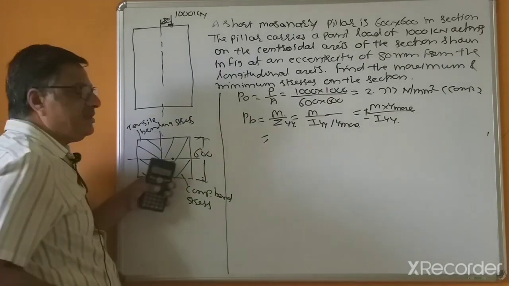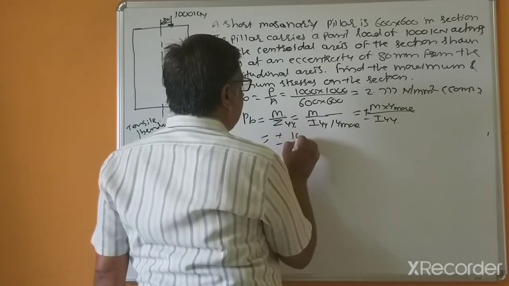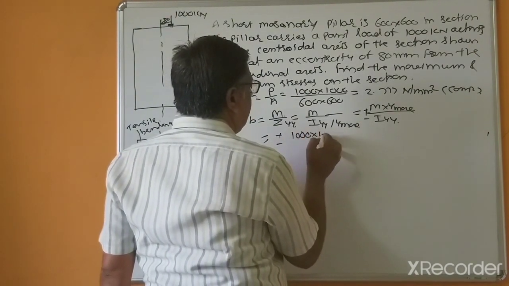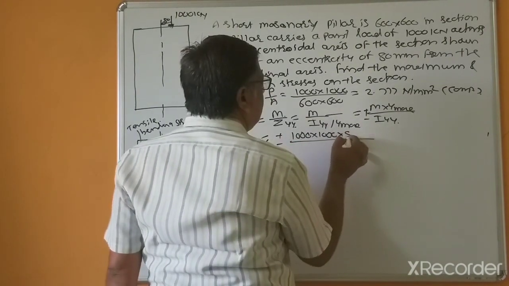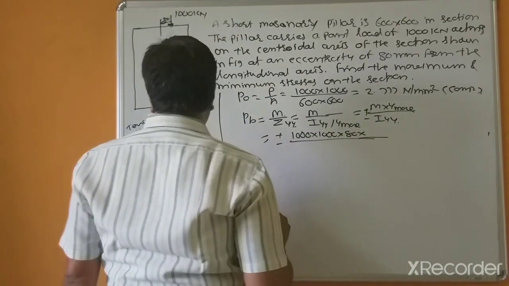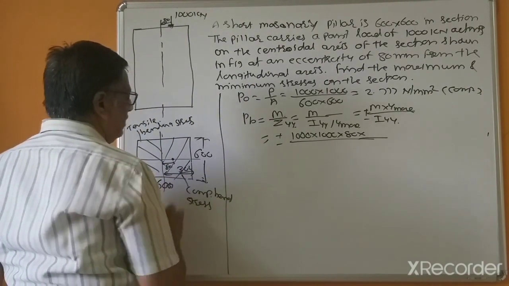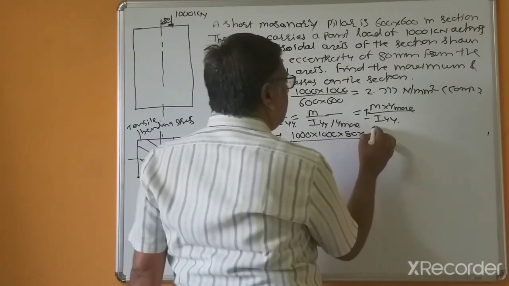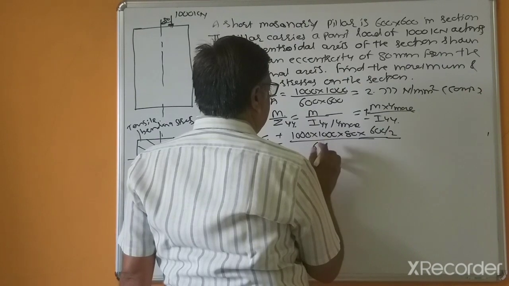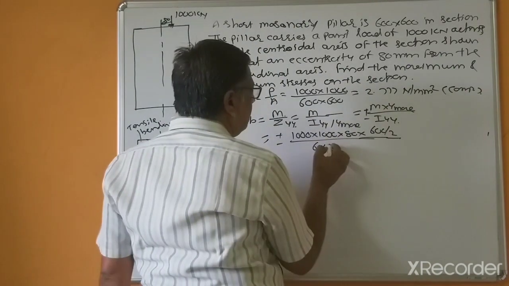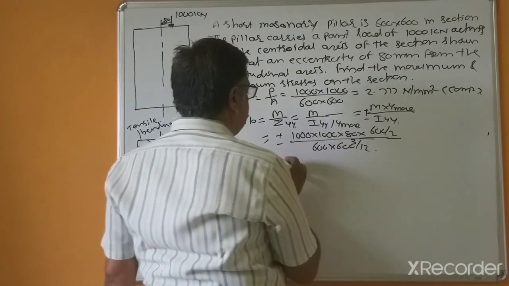Compressive bending stress means this is positive and this is negative. Plus minus 1000 multiplied by 1000, e equal to 80, Y max, this distance 300, or you can write 600 divided by 2, and I equal to 600 into 600 cube divided by 12.